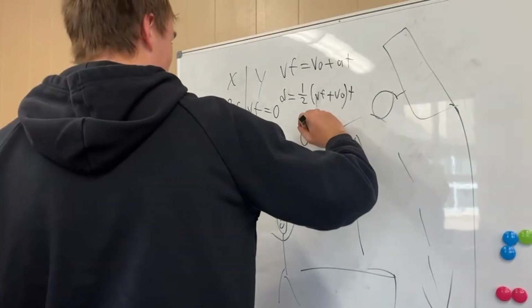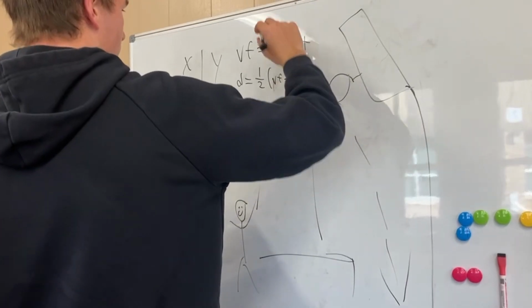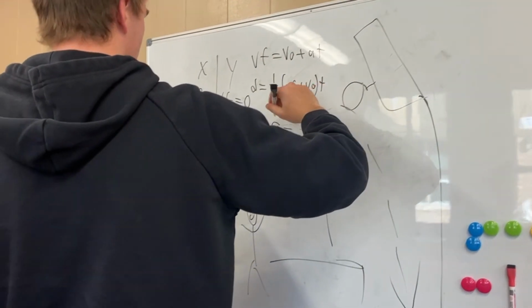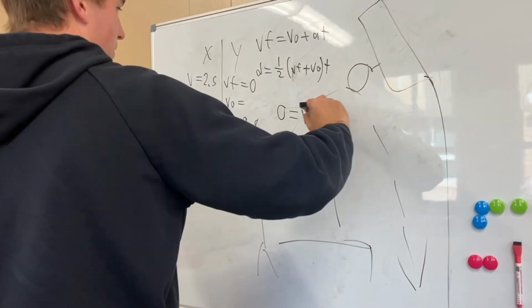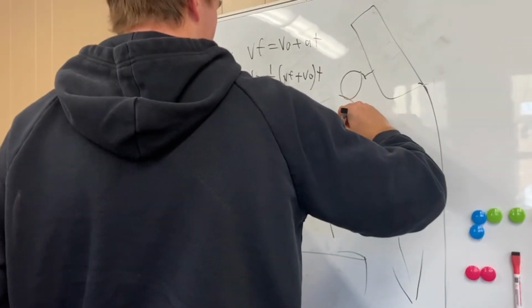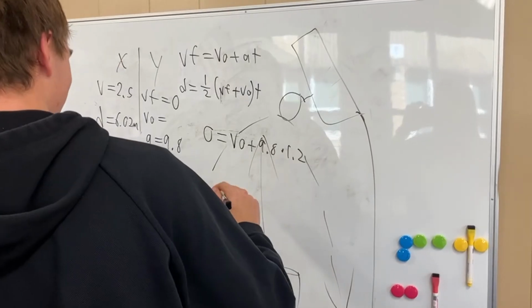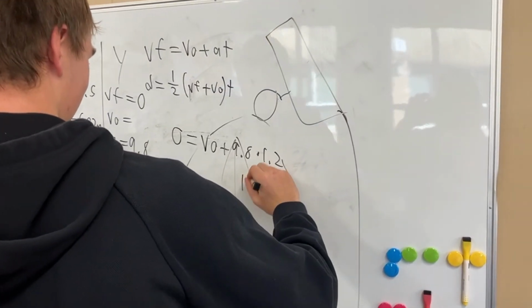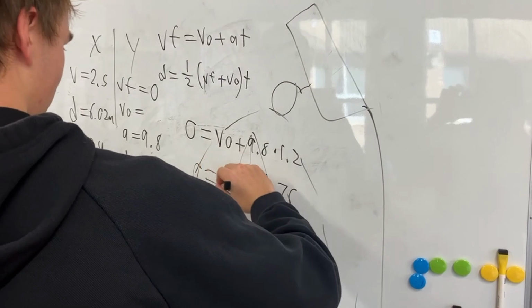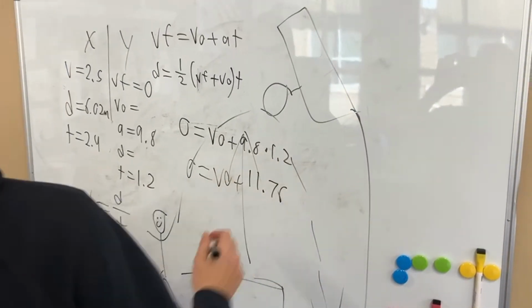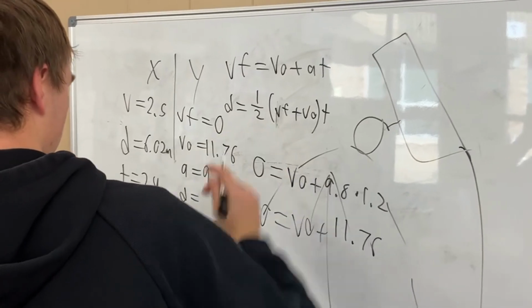So 0 equals V0 plus 9.8 times 1.2, and that is 11.76. So 0 equals V0 plus that. And then we just subtract that. So V0 is 11.76.